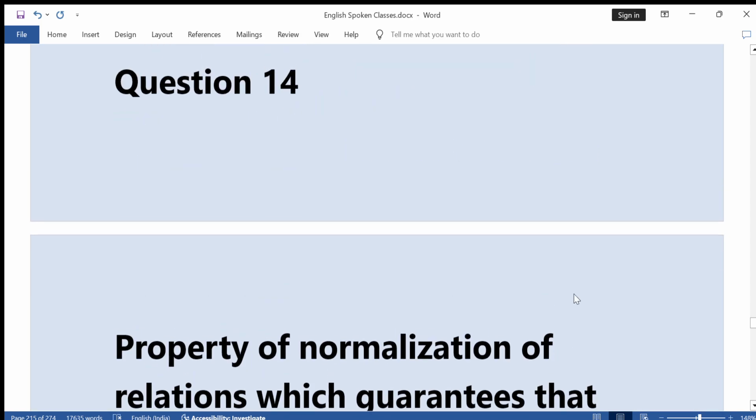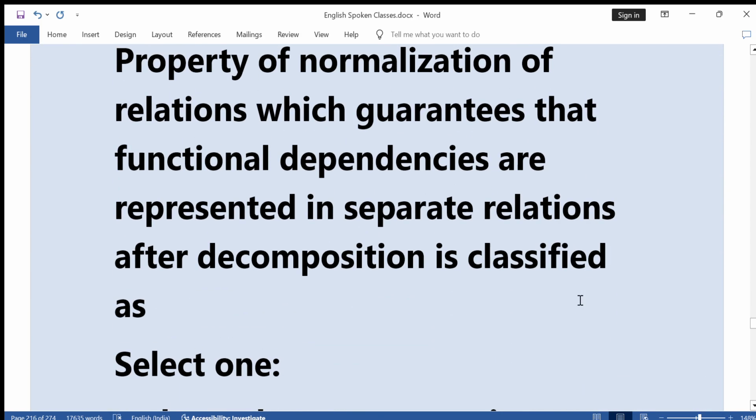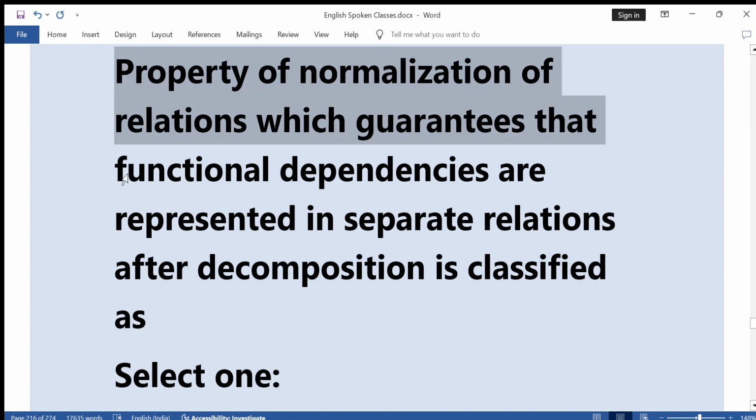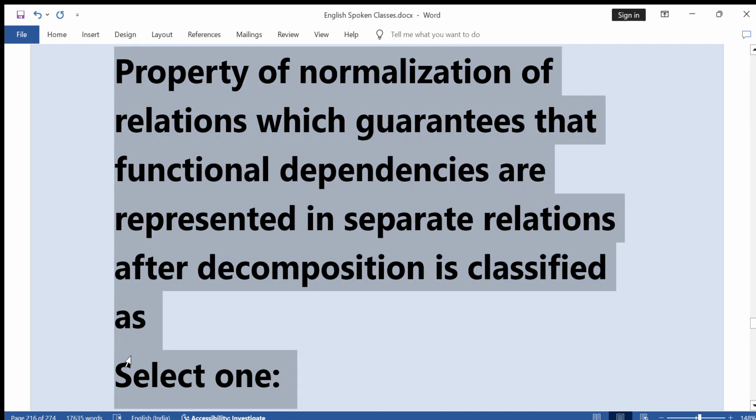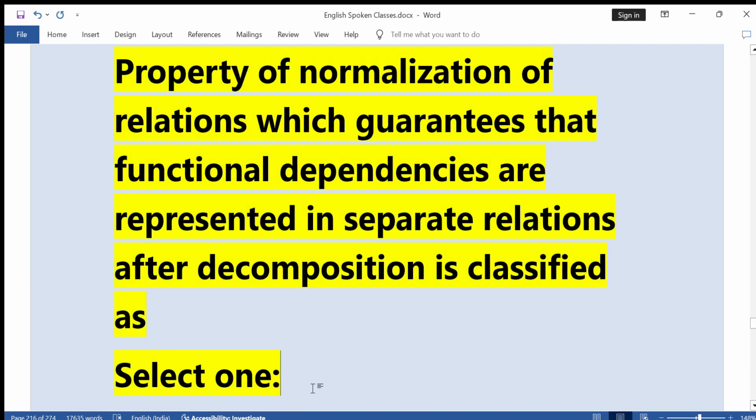Question number 14 is: the property of the normalization of relations which guarantees that the functional dependencies are represented in separate relations after decomposition is classified as, select one.